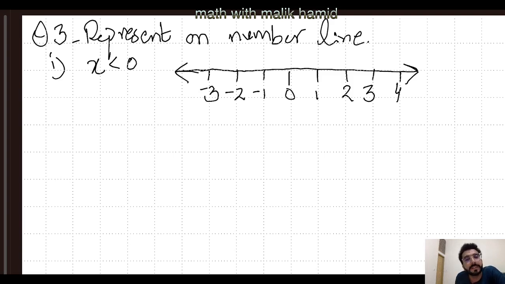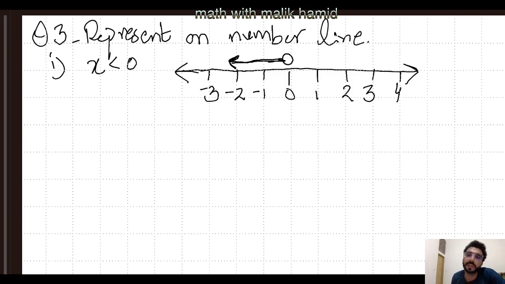X less than 0, what does it mean? Is 0 included? No, 0 is not included. We make a circle here, but the circle will not be filled, and make an arrow on the left side, just like this. This shows that all the numbers less than 0 are included.